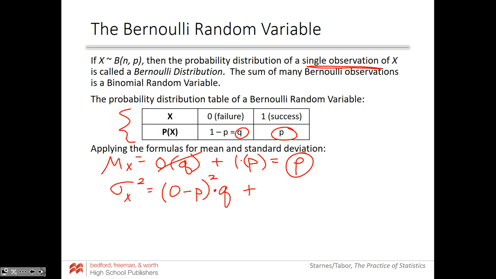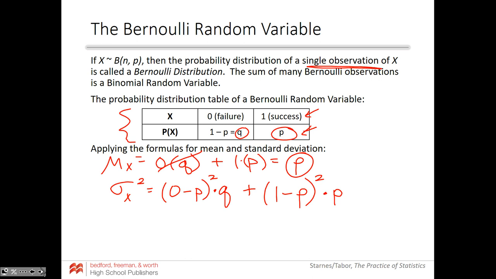Then I add 1 minus the mean, which is p, squared, times the probability of that outcome, which is this p here. So that's my formula for variance.